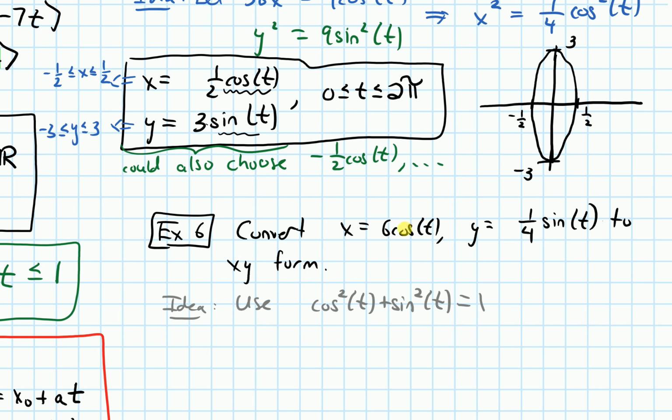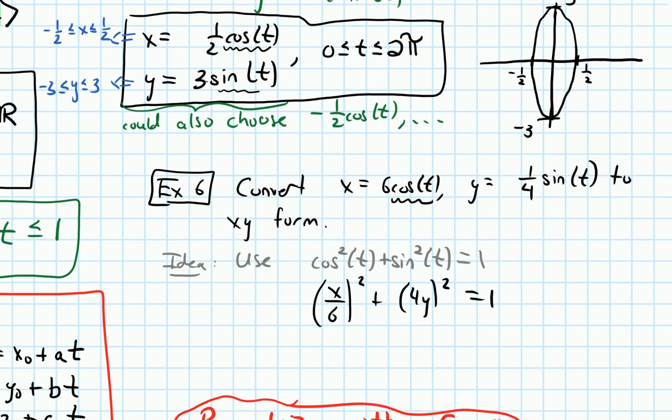One way I can do that is if I have an equation that connects the cosine and the sine, and this equation connects them, and I can figure out what cosine of t is on its own by dividing by 6. So cosine of t is x over 6, and then cosine squared means, well, square that. Similarly, sine of t, if you multiply over the 4, is 4 times y, and then we have to square that because we have sine squared, and then this equals 1.